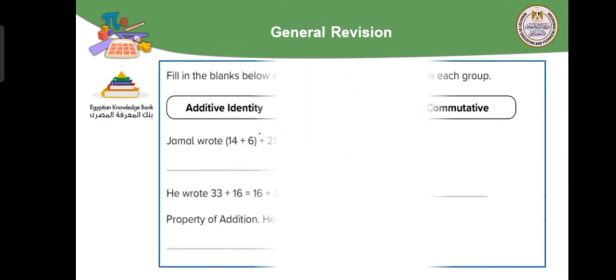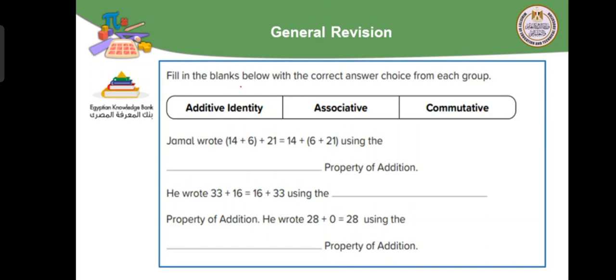Fill in the blanks below with the correct answer choice from each group. Remember together about additive identity, associative, and commutative. Additive identity is 0, because 0 plus any number equals the same number.